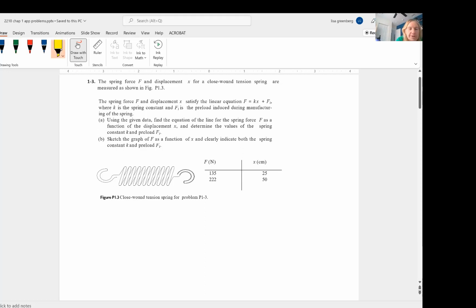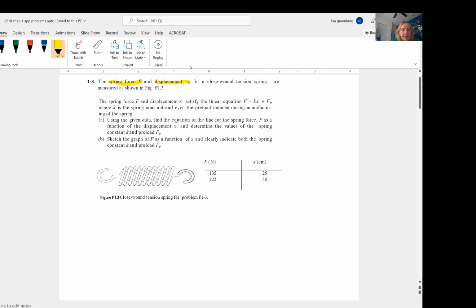And if you want, you could even just highlight it if you have a piece of paper and a highlighter. Okay. So for a closed wound tension spring are measured as in figure 1.3. Okay, so that's a picture of the tension spring. We are given some data over to the side of it. I don't know what to do with that yet because we haven't seen a question, but I am reading it.